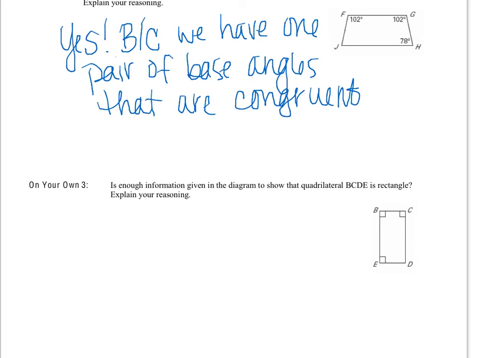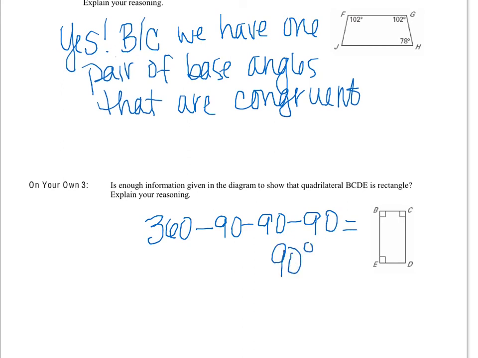Okay, knowing that we have 4 sides and 3 of them are 90, if we do 360 minus all of those 3 90-degree angles, we'll be left over with a 90-degree angle. So we know angle D has to be 90 degrees, so yes, this is a rectangle. So is enough information given? Yes.